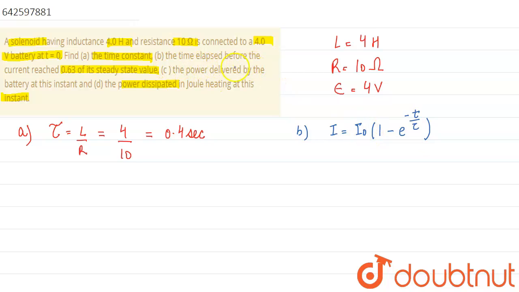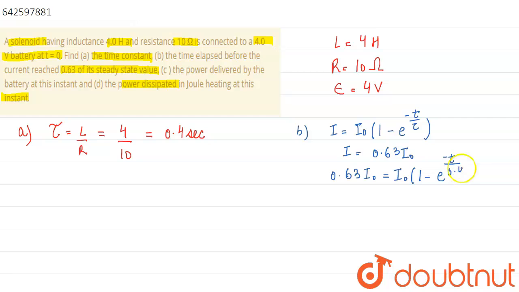So the current reaches 0.63 of its steady state value, that means I is equal to 0.63 of I naught. So instead of I, we can write 0.63 I naught. So it implies 0.63 I naught is equal to I naught into 1 minus e to the power minus t by tau. This t we have to find, and tau is 0.4.